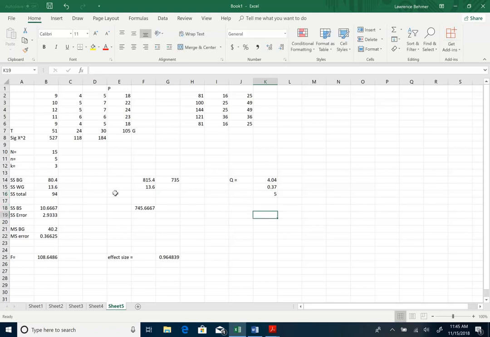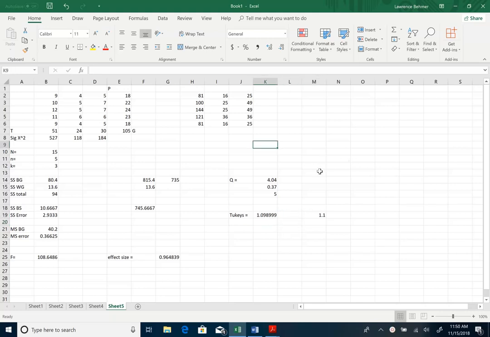And so the way to compute our Tukey's is by taking 4.04 and multiplying that by the square root of our mean square error term divided by our little n. It gives us a Tukey's of 1.10.